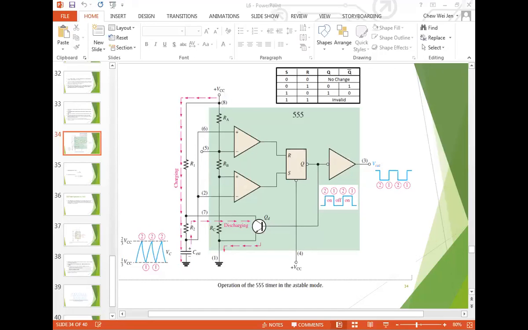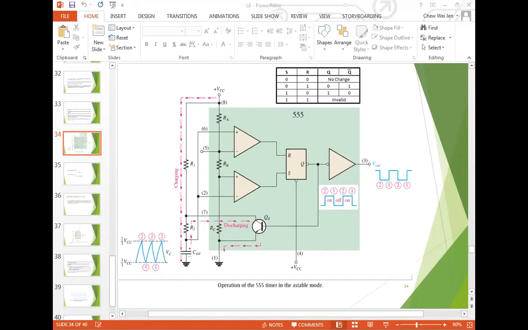You take longer to charge, correct? That means the on time is longer, because your on time is when the capacitor is charging, and the off time is when your capacitor is discharging.